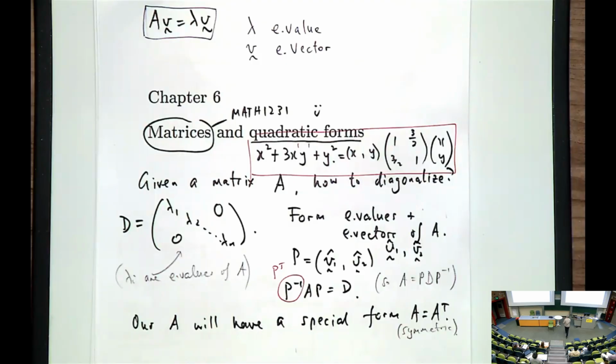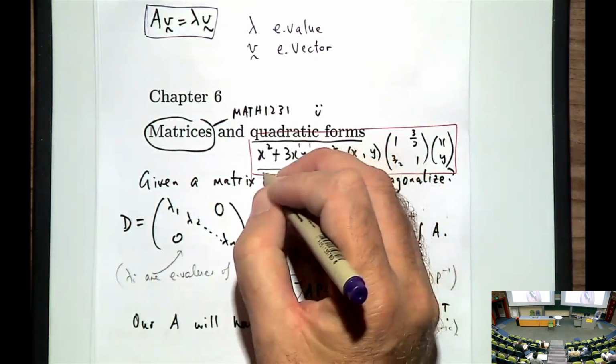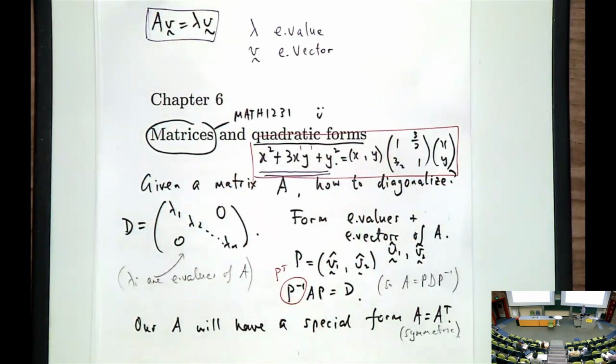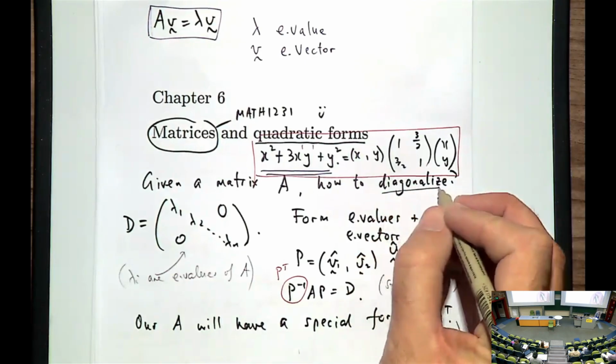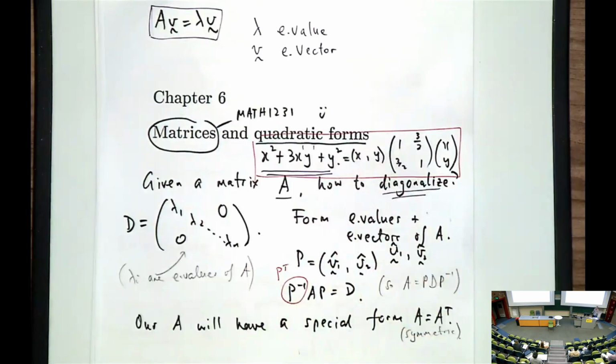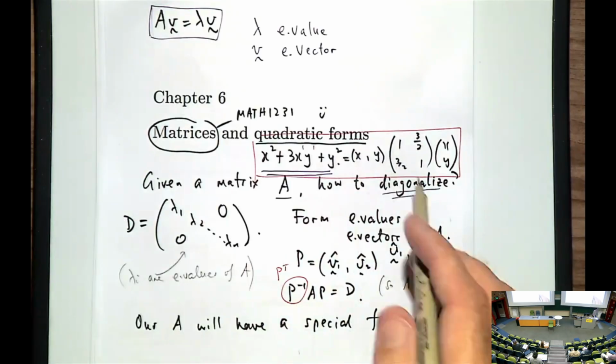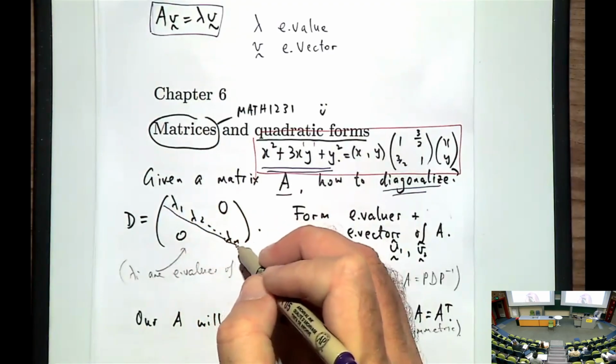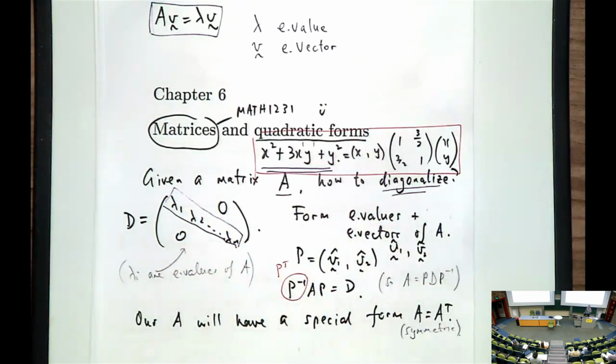somehow diagonalize things. All right, so in this course, the way they've set it up is looking at these quadratic forms, okay, and applying matrices somehow to better understand those quadratic forms. All right? So in first year, and we can go over this again, you learn how to diagonalize a matrix A. So it's a square matrix, and your aim here is to come up with this new matrix where all the eigenvalues are down the main diagonal.